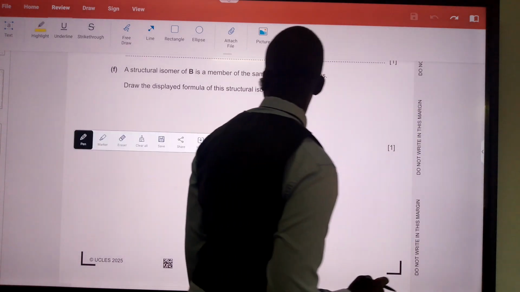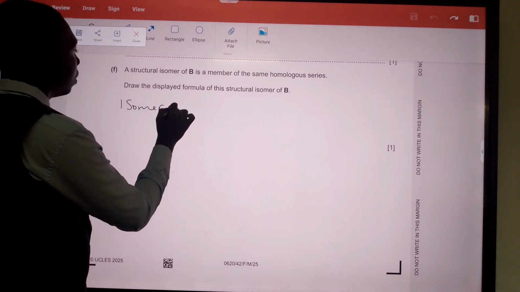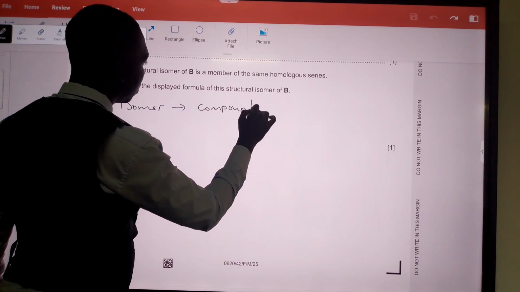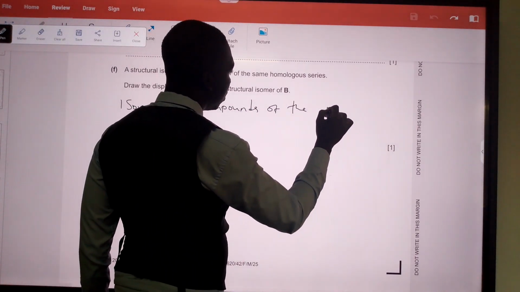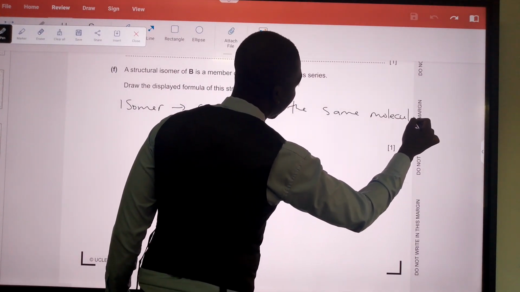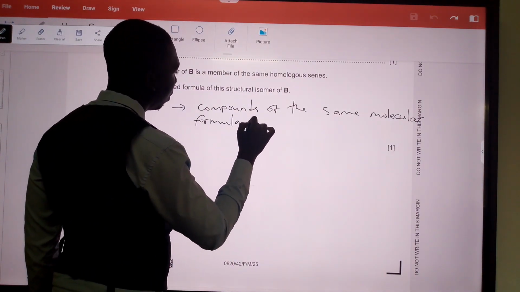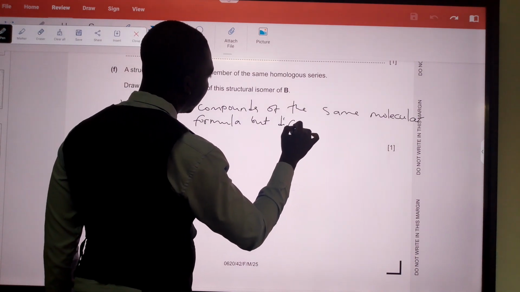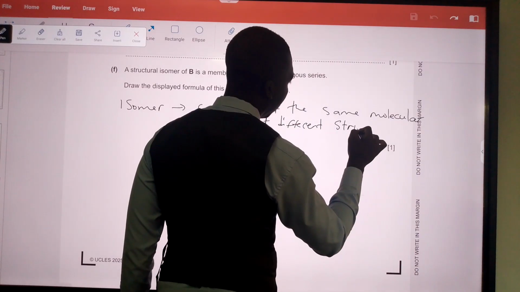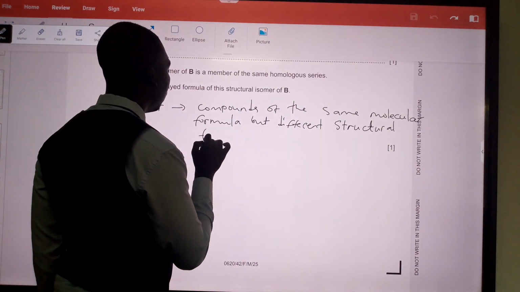An isomer, these are compounds of the same molecular formula but different structural formula.